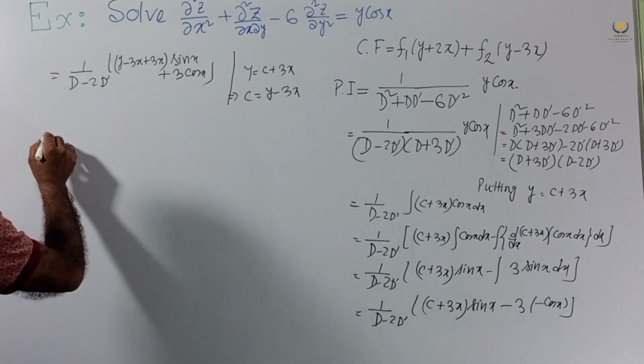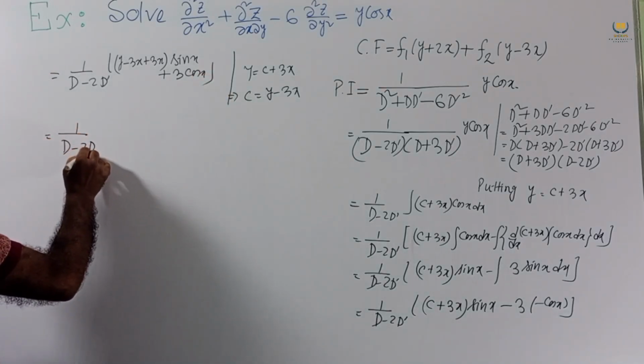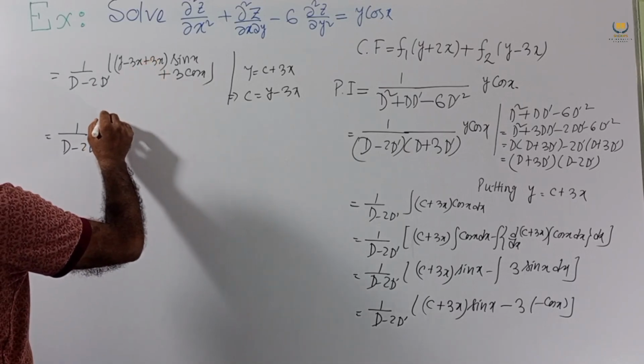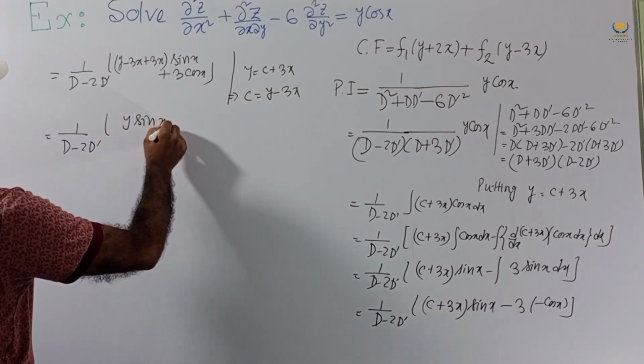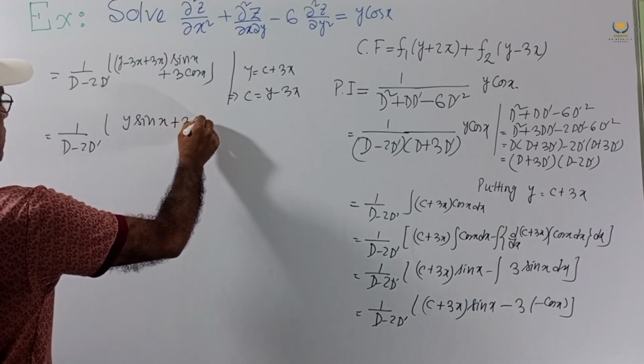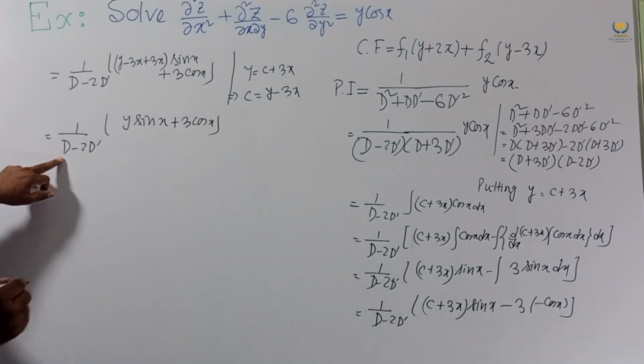We get this. And this is 1 by (D - 2D'); 3x and 3x cancel, y sin x + 3 cos x. We get this one.